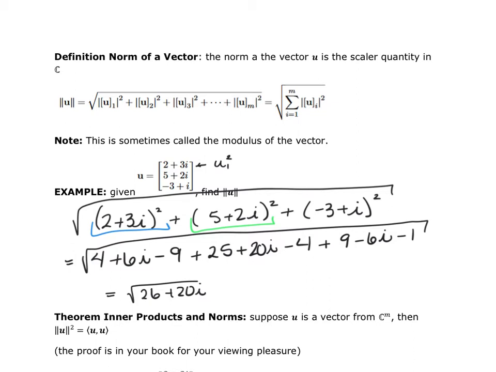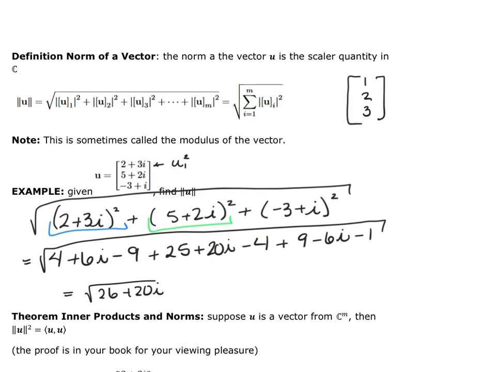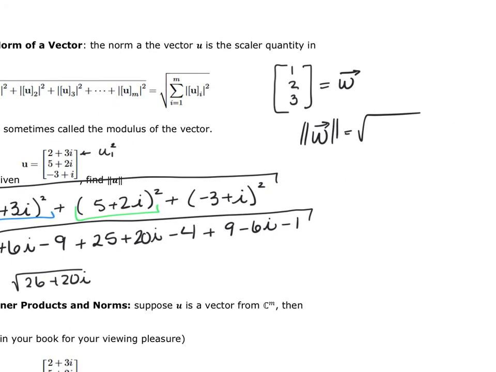Now let's use an example where we have a vector that is real. So we'll use real entries. Let's do 1, 2, and 3. We're going to call this my vector w. The norm of my vector w is going to be the square root of 1 squared plus 2 squared plus 3 squared.